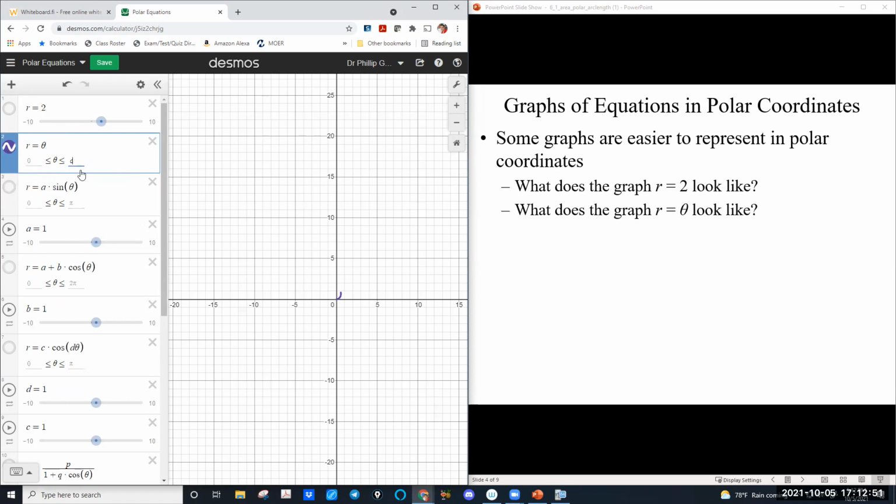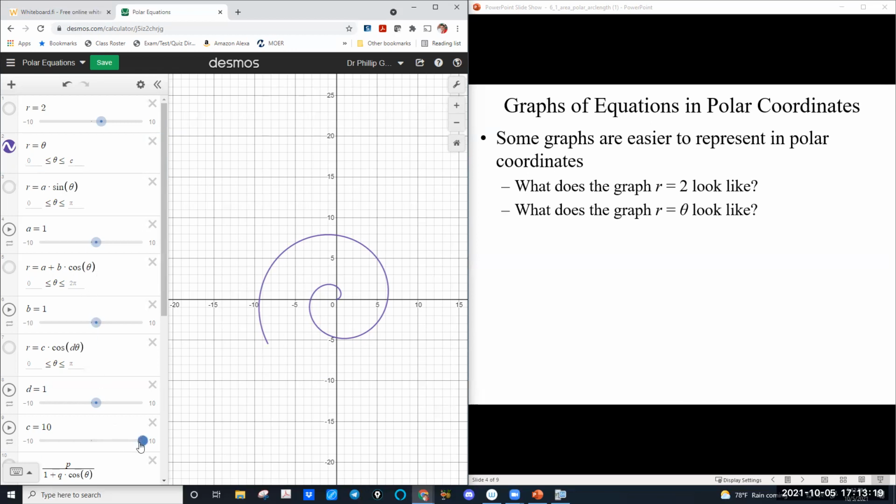Well, I'm going to let theta vary from 0 to c, because I have a slider here that allows me to vary c. Watch the way the graph is created as c increases. It's created radially in a counterclockwise fashion. That's going to be really important in determining limits, more so when we get into the next section when we're doing areas and arc length.